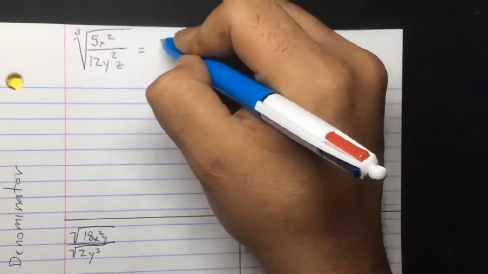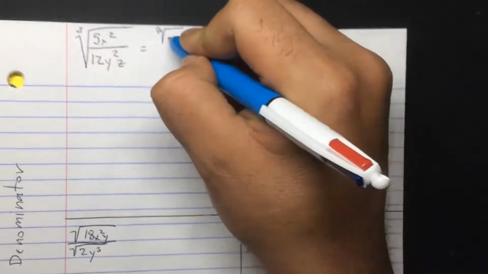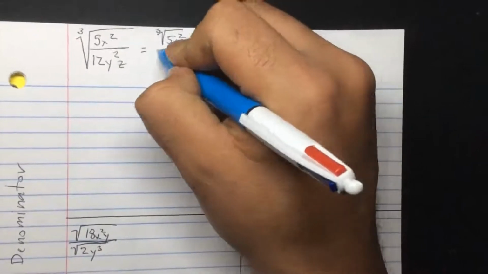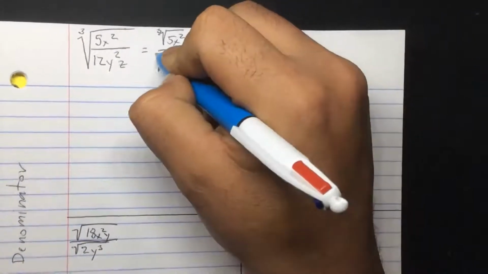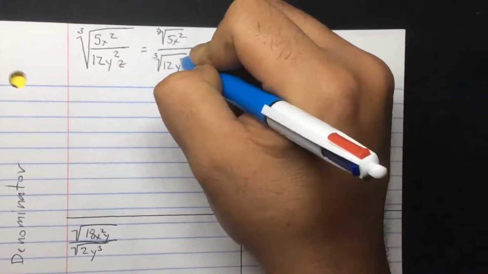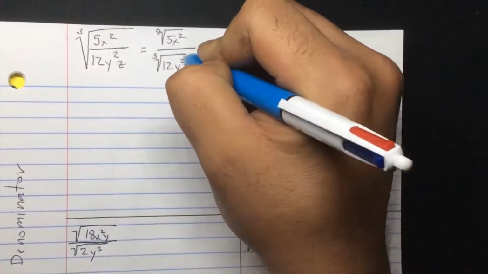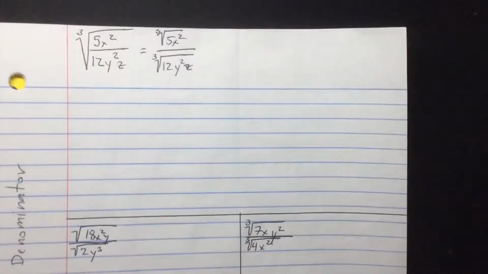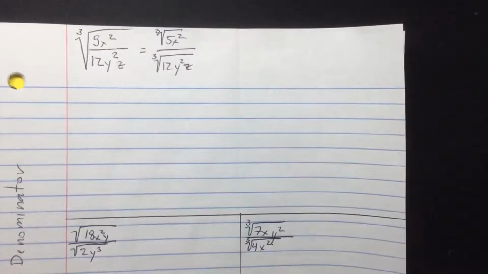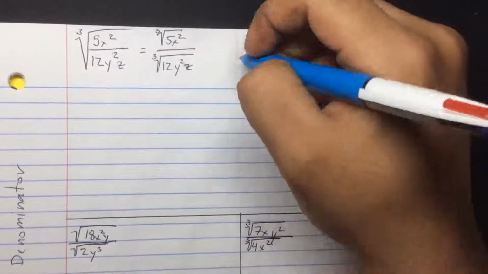So we're going to leave it as the cube root of 5x squared over the cube root of 12y squared z. So all we did is we reversed the process that we did in the last video. And we're doing that only because we need to rationalize the denominator.